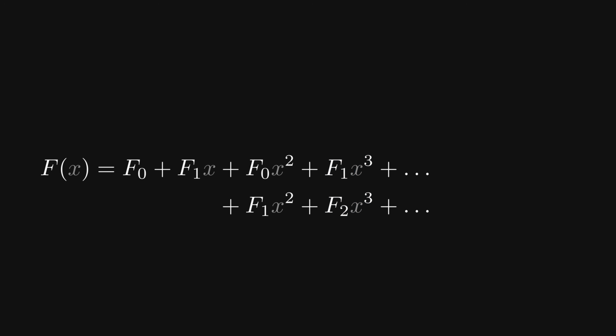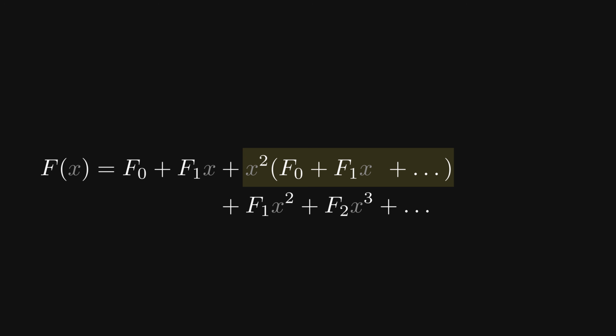Now, the part f0 times x squared plus f1 times x cubed, and so on, can be written as x squared times (f0 plus f1 times x, and so on).